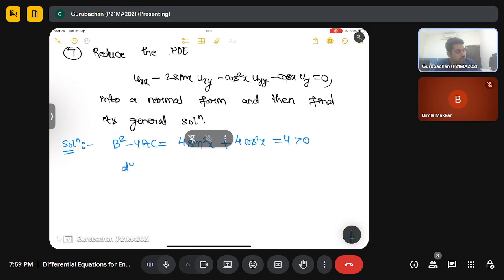So given PDE is hyperbolic, so dy by dx will be minus 2 sine x plus minus under root 4 is 2 divided by 2, and this will give you minus sine x plus minus 1.